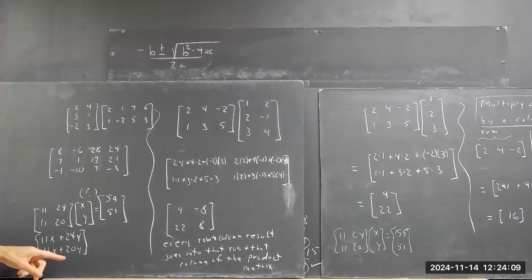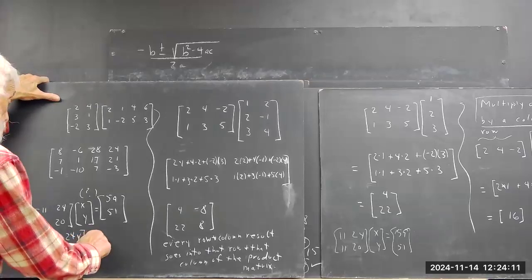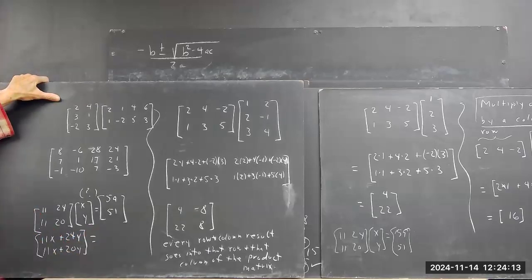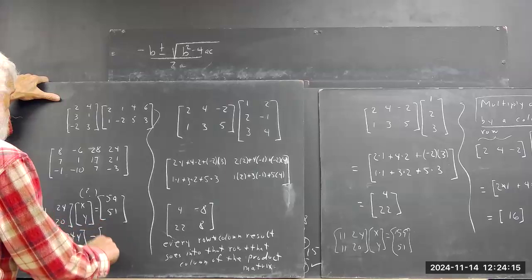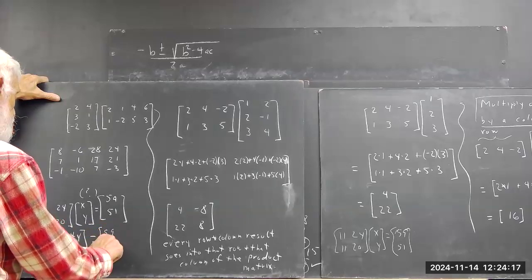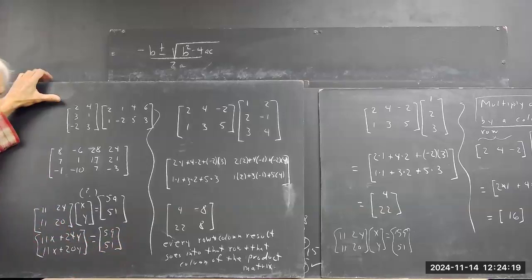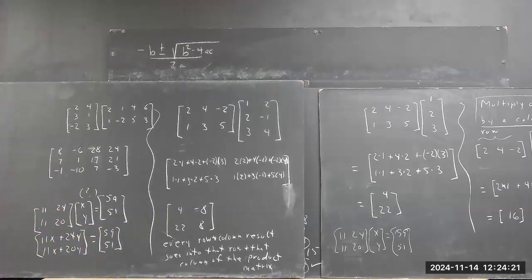That's the left-hand side of two equations that we got in reducing the matrix. And this then has to equal 59, 51. These can only be equal if the first row equals the first row and the second row equals the second row.